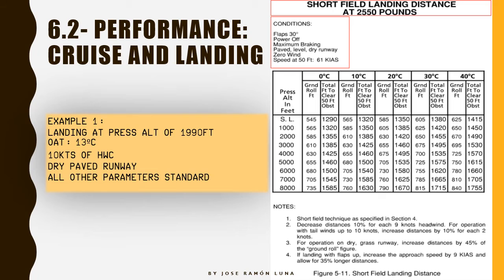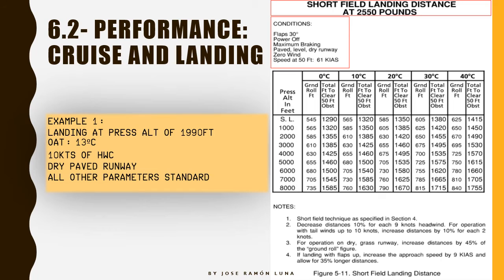All of the parameters standard is going to allow us to meet all the conditions. Power off, yes, if I'm landing, I'm probably going to cut the power at some point. Maximum braking, well, not maximum, but for calculation purposes, it's going to be maximum braking.